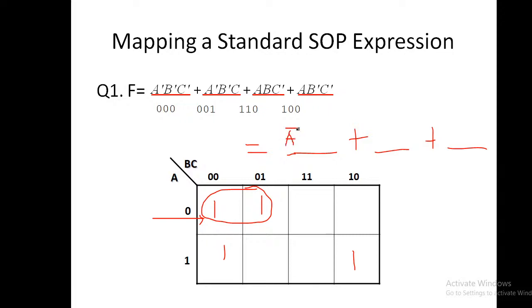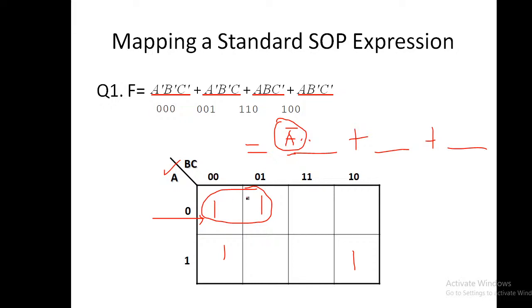I will be repeating this again. These two ones are situated horizontally in the same row. So what is the common thing? 0 is the common thing for both the ones. 0 means a bar. So the horizontal part which is common is A bar.